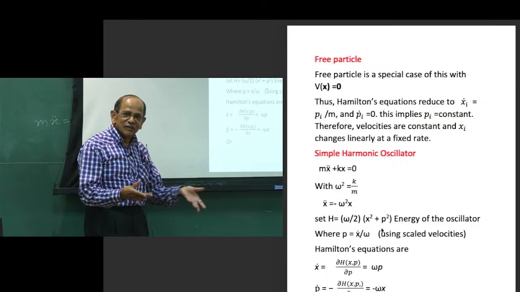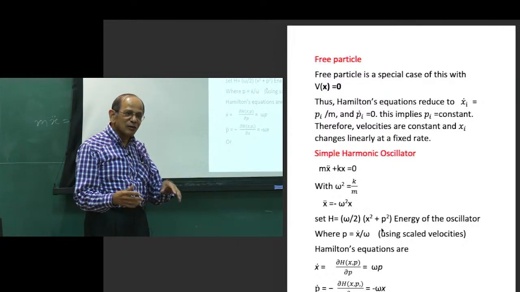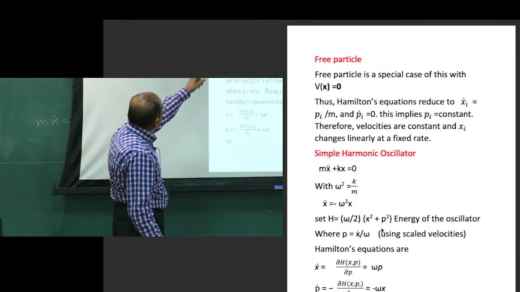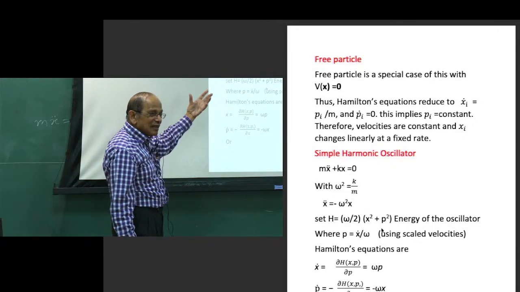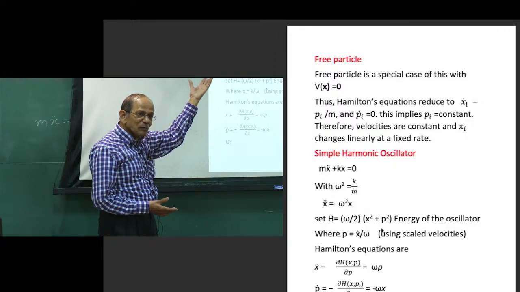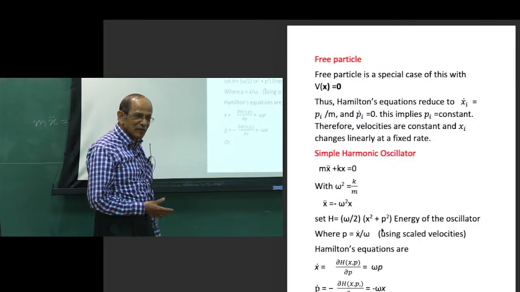Now, that second equation you can immediately integrate, because Pi dot is 0. So, Pi must be a constant. If Pi is constant, then velocities are constant, because we have defined P to be proportional to x dot. M x dot was defined to be P.